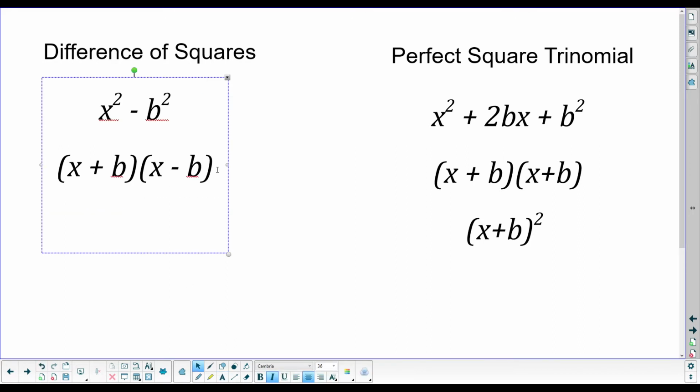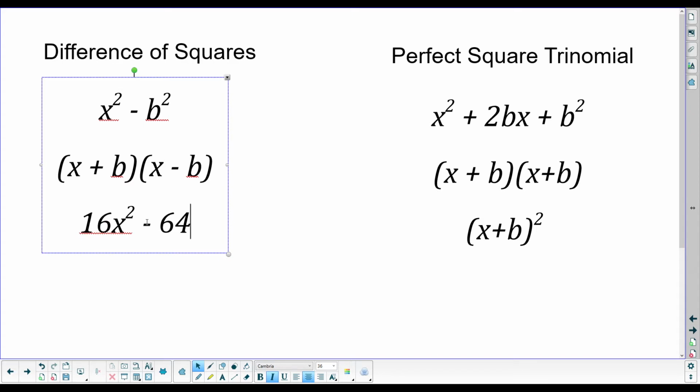if I have the polynomial x squared minus 64. Okay, and let's actually make this a little more interesting. Let's make it 16x squared minus 64.